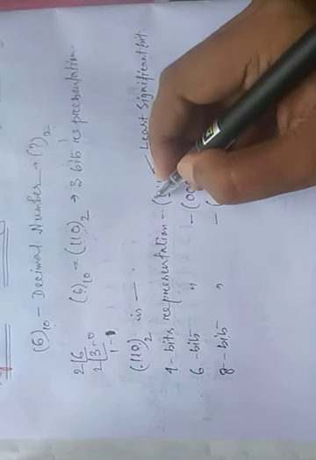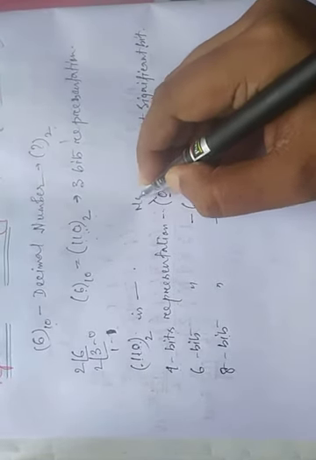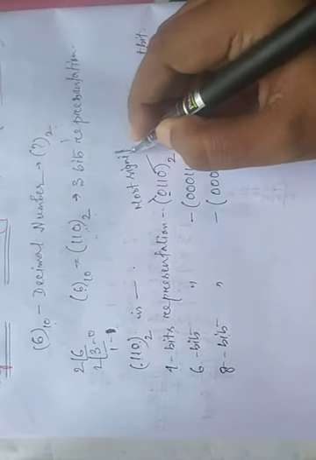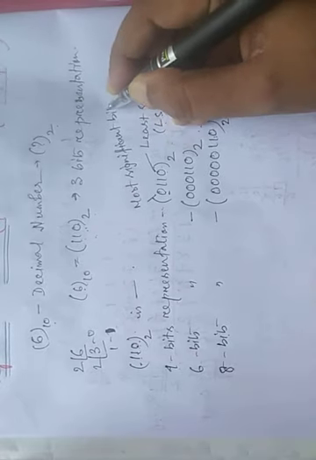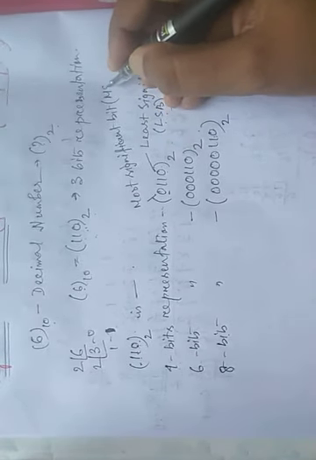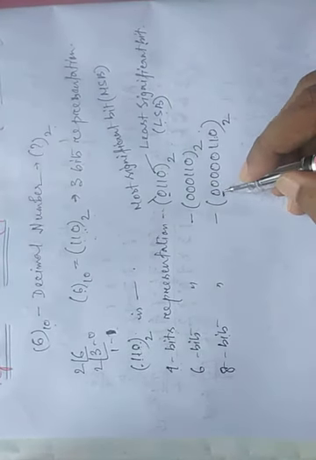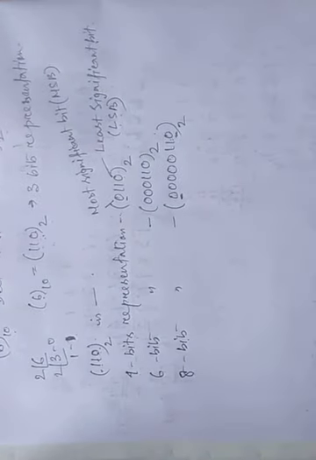The leftmost bit is known as the most significant bit, that is MSB, for every binary number. So this is the MSB, this is the LSB. Clear? Now our negative number representation.